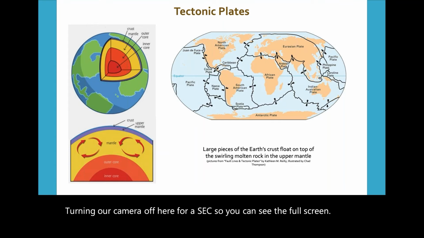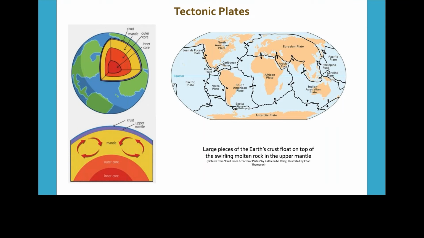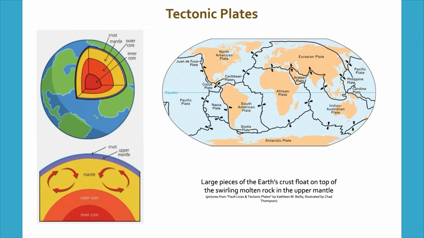So when we're looking at the Earth and its structure, we have a diagram on the left that shows the outer crust of the Earth, the mantle, which would be in between the crust, and the innermost part, which is the core, which is that red part in the center.